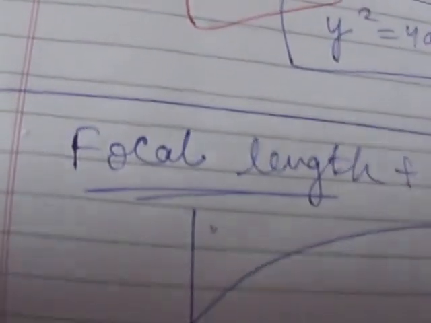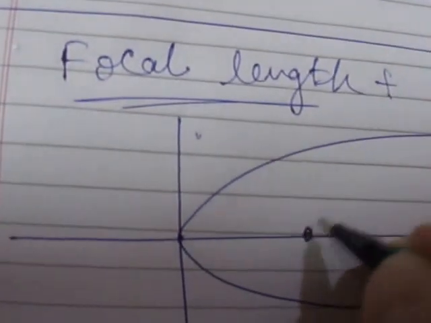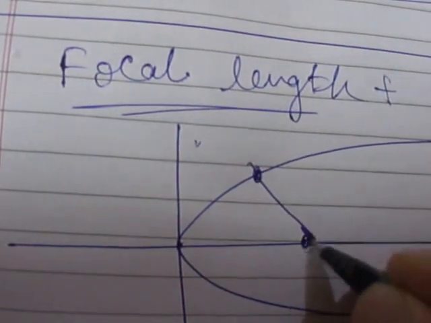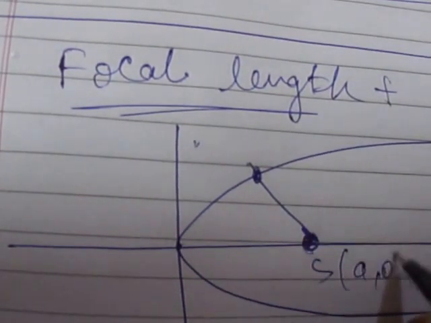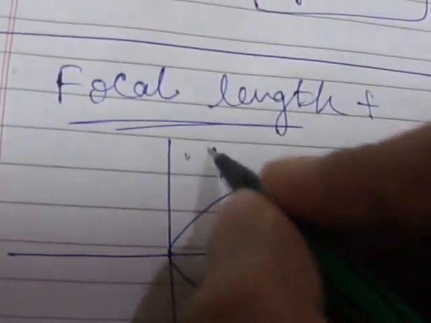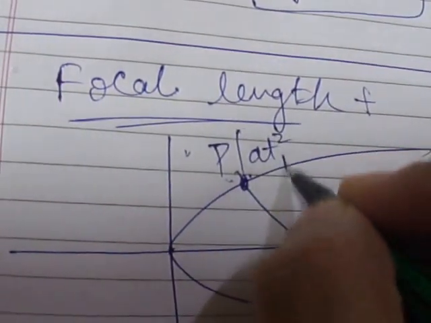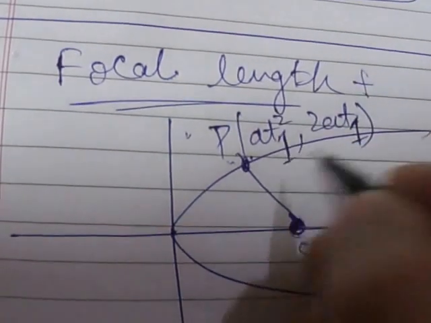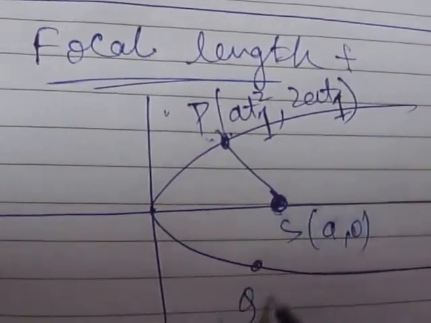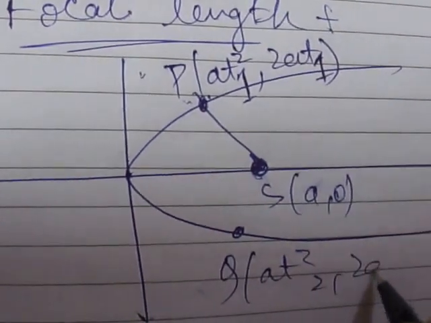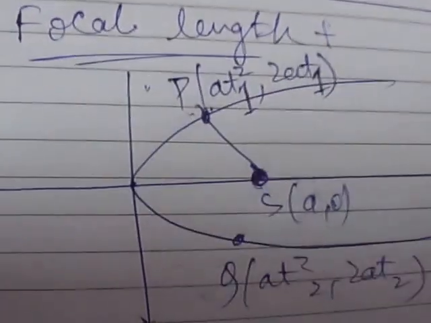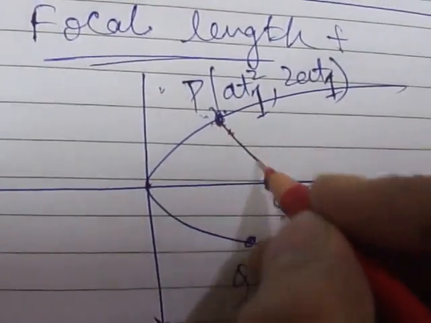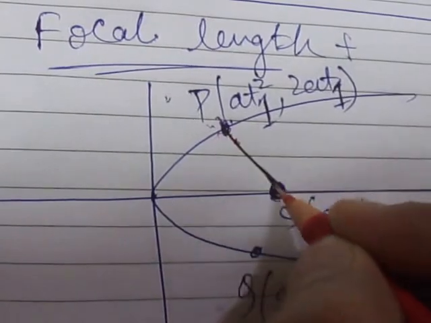A line passes through the focus a comma 0 and this point P, at1 square comma 2at1. Here we put t1 because there are other points also, like Q, at2 square comma 2at2.